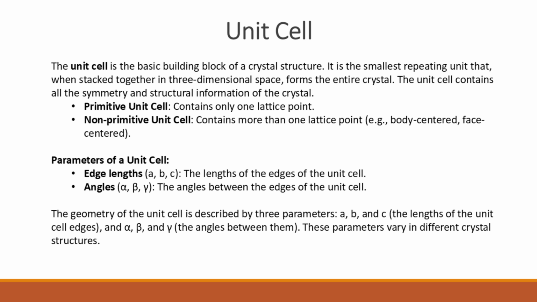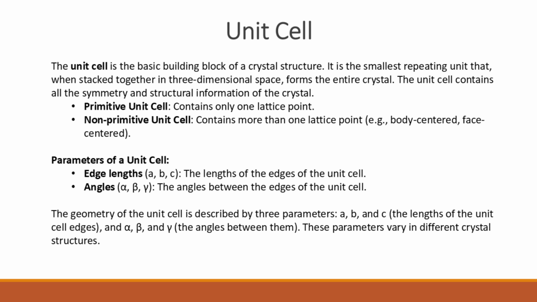We have two types of unit cells, primitive and non-primitive. A primitive unit cell contains just one lattice point, while a non-primitive unit cell has multiple lattice points, like a body-centered or face-centered arrangement. To completely describe a unit cell, we use 6 parameters: 3 edge lengths, a, b, c, and 3 angles, alpha, beta, gamma, between these edges.